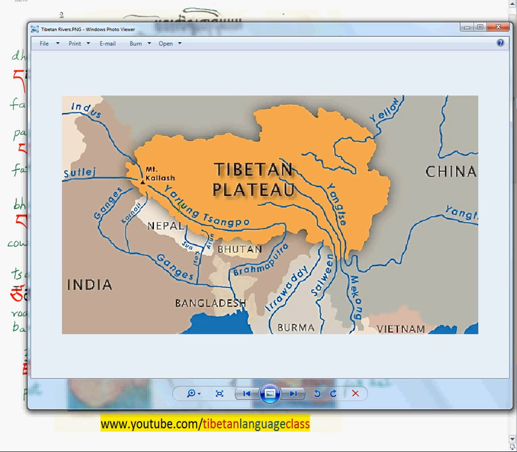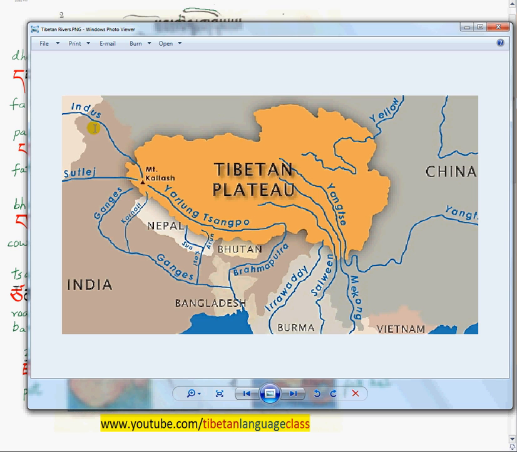So right here, like Yarlung Zangbo, I think it's called Brahmaputra in India, and then the Ganges, Karnali, Arun, Irrawaddy, Salween, Mekong, Yangtze, Yellow River, Indus River, and Sutlej.